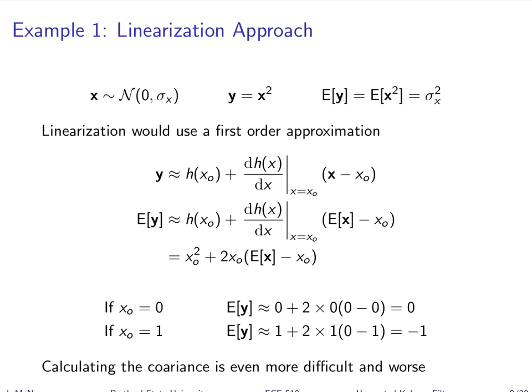Okay, so let's briefly look at what would happen in the extended Kalman filter framework, where you're basically working with a first-order Taylor series approximation of these nonlinearities. That's what the extended Kalman filter is based on.